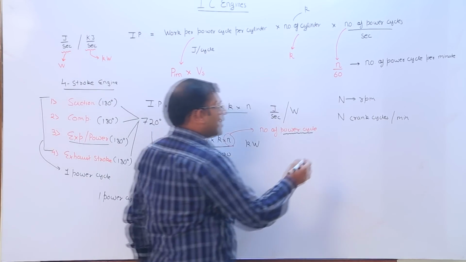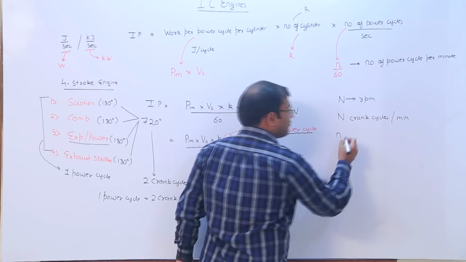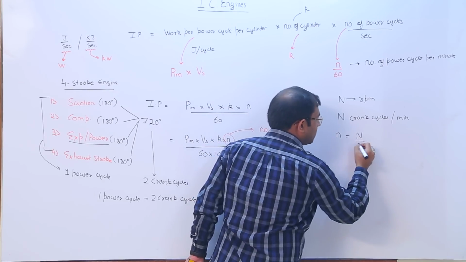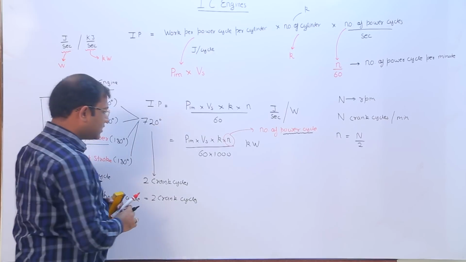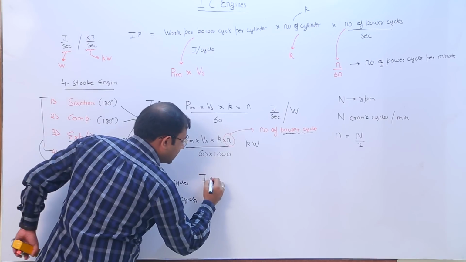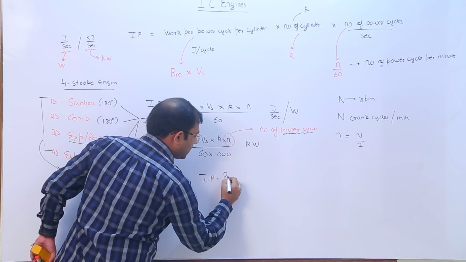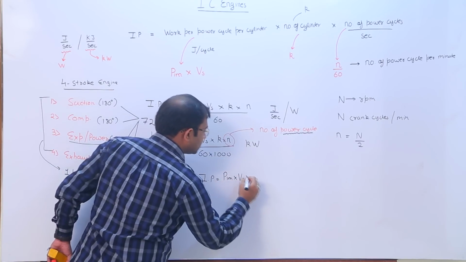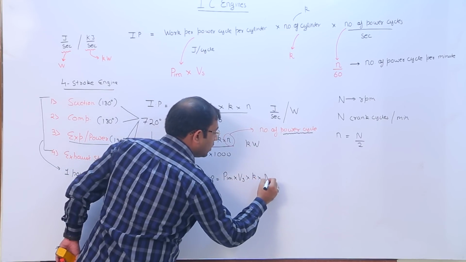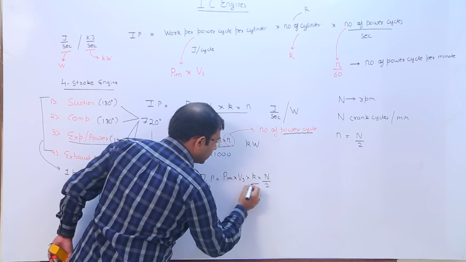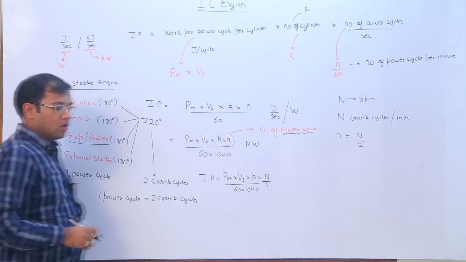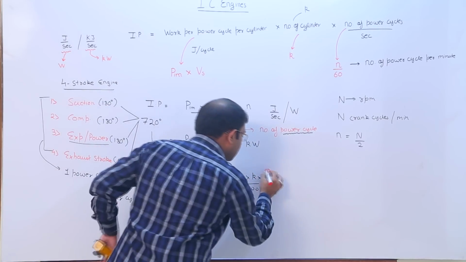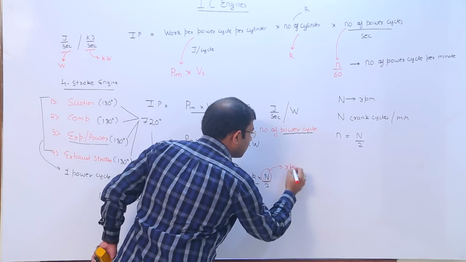So, we can say that your N, number of power cycles, becomes N by 2. So, here in this expression we can write indicated power is equals to PIM into Vs into K into N by 2 divided by 60 and 1000, where N is nothing but RPM.